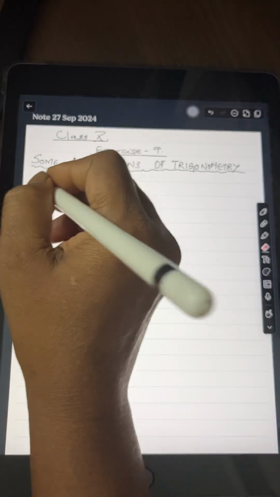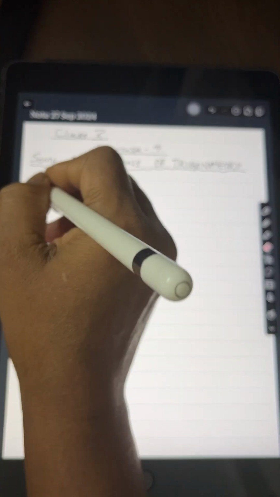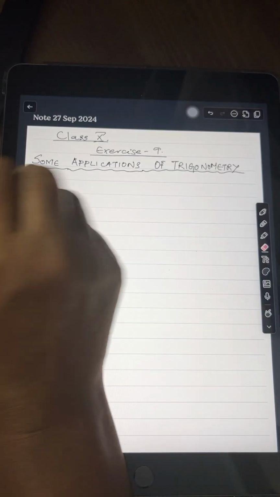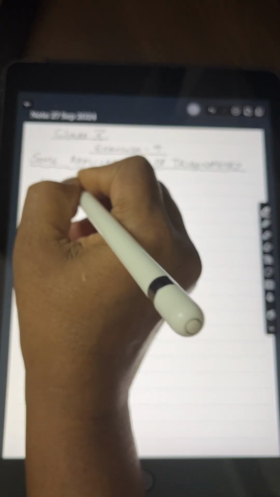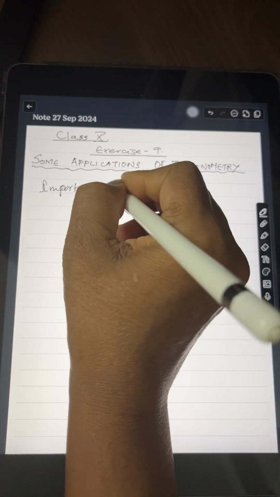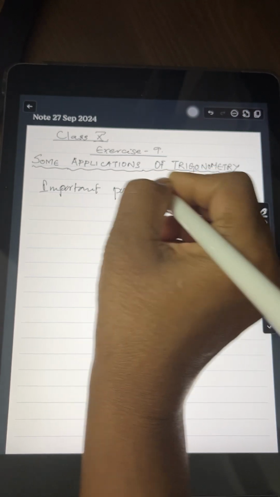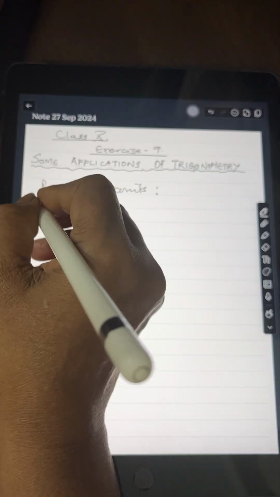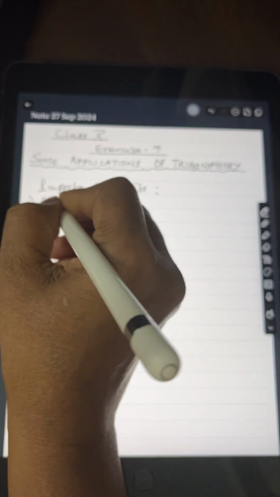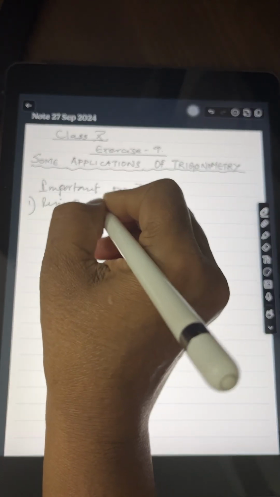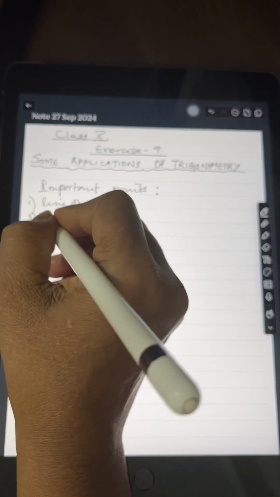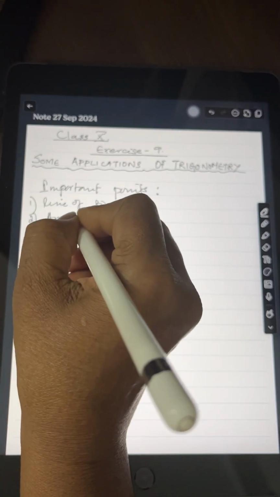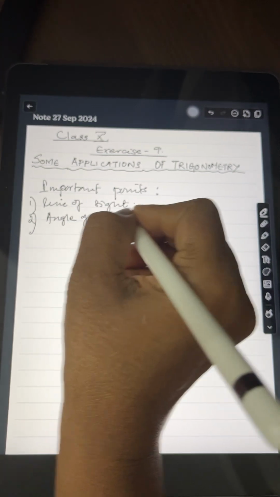What are the three to four important points? The first one is line of sight. The second one is angle of elevation.